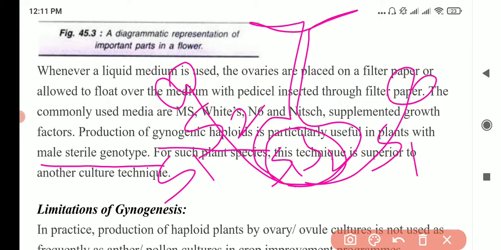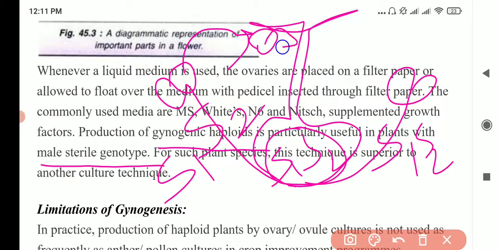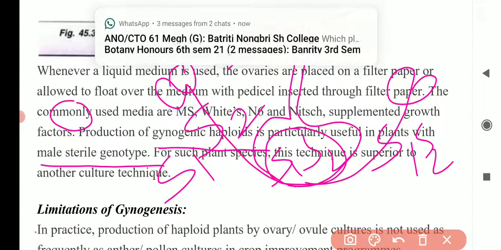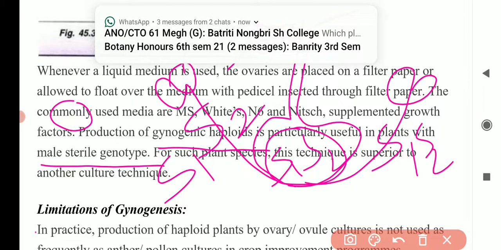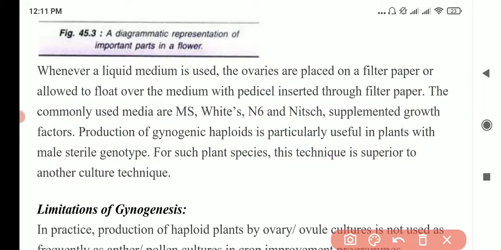Even if by chance this pollen lands here, it cannot go in. It's already blocked. But let's see another free floating one which came via the air or the bees, which is a different genotype. Anything other than S1 S2, let's say S7, S4, whatever. It can germinate. So the self-sterile ones are easy. I mean, the male sterile ones are easier.